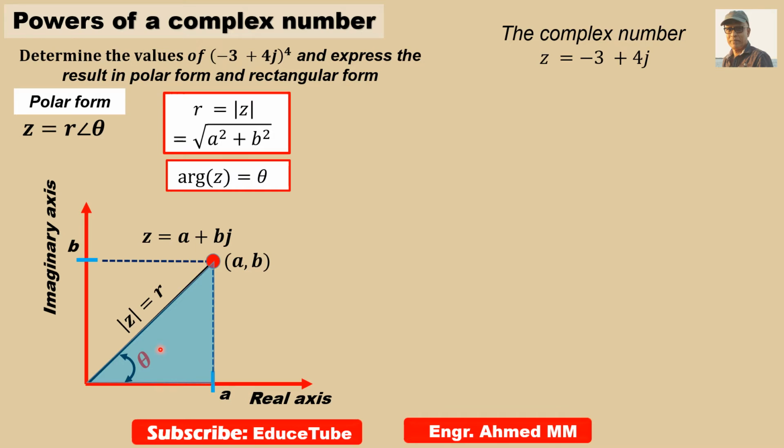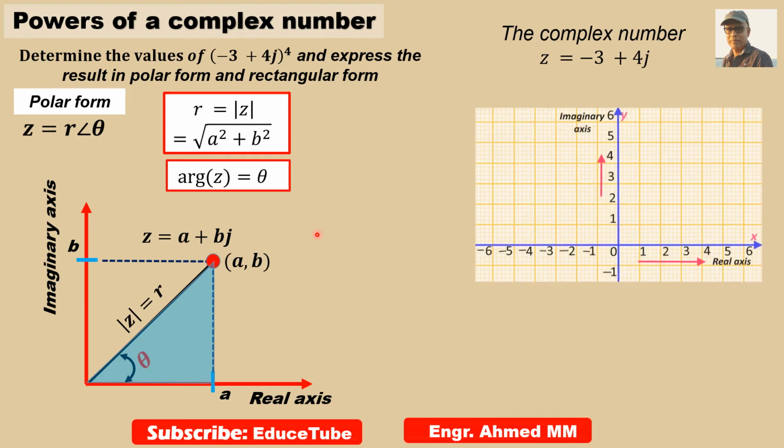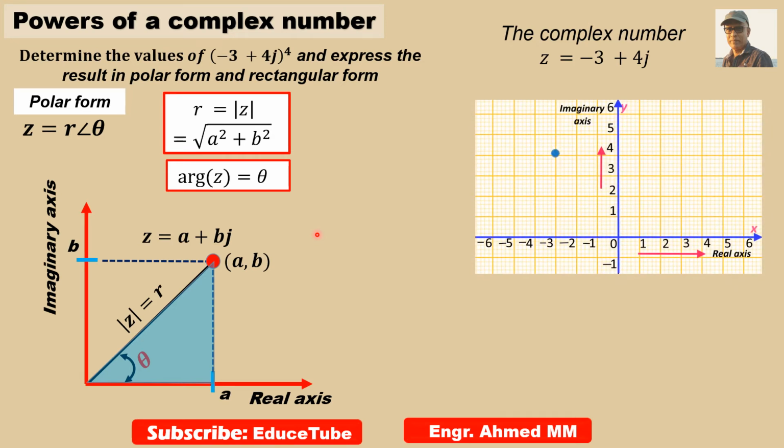Now let's see our example, this complex number on a graph. Here I am taking the same point a, b. Of course it will be 3, 4.